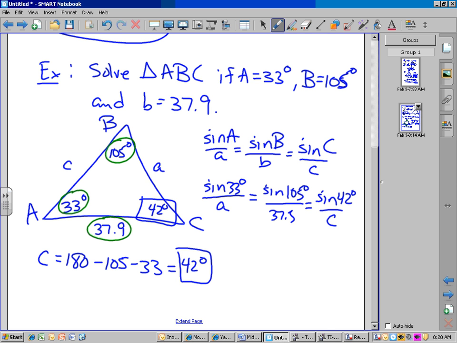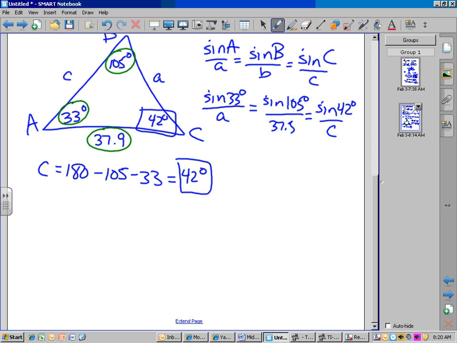Now here's how it works. I know it looks a little complicated, but we're going to make it easy. What do you want to solve for, a or c? Pick one. A. Whatever you're not solving for, cover up.